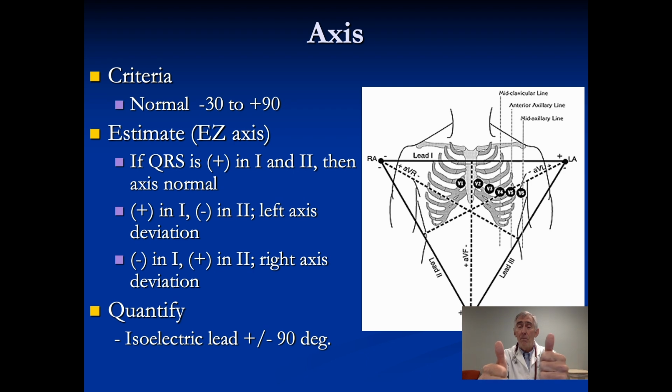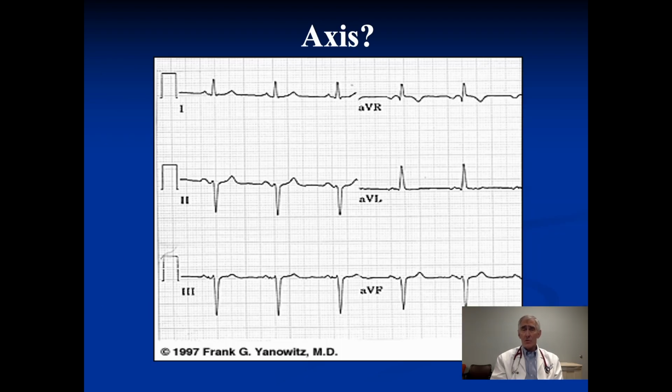If it's positive in 1 but negative in 2, it is left axis deviation. Now that's a simple approach and probably too simplistic, and I would be frowned on by my cardiology colleagues to have ever shown you that trick, but sometimes it helps. This slide demonstrates a positive in 1 and a negative in 2.